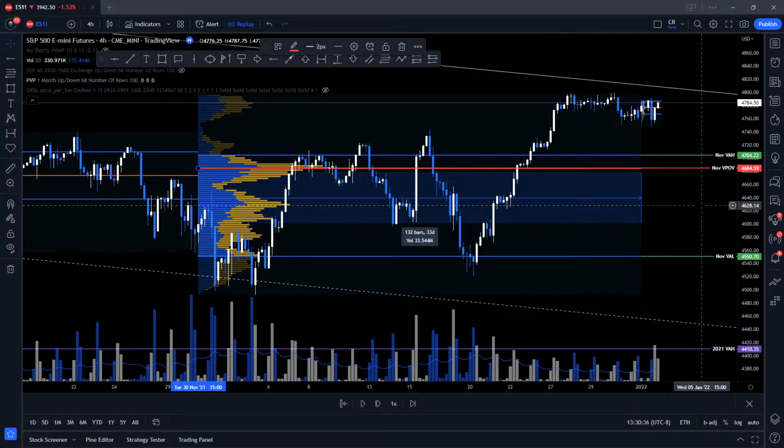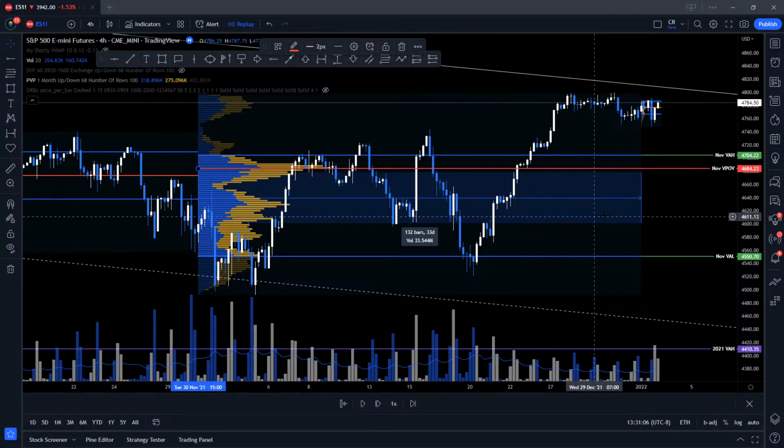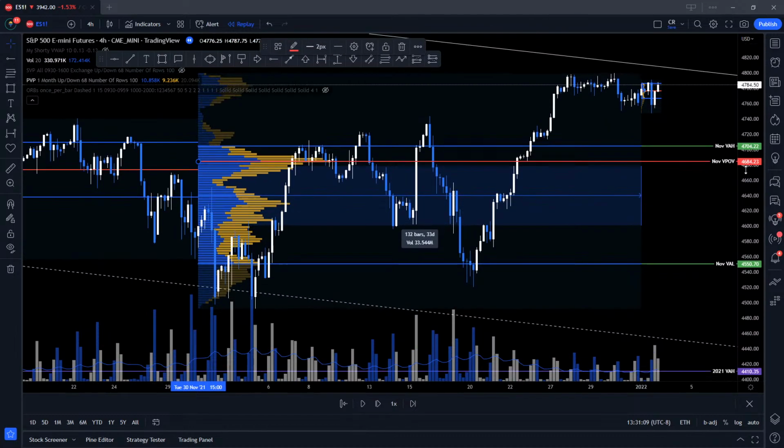So when we have several VPOCs to the downside and maybe 1 or 2 to the upside, more likely we're going to see downside than upside because price is going to be drawn to these virgin points of control. They're very powerful, very important to have on your chart and use as an area to take profit.